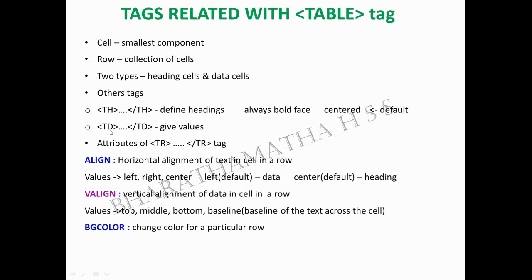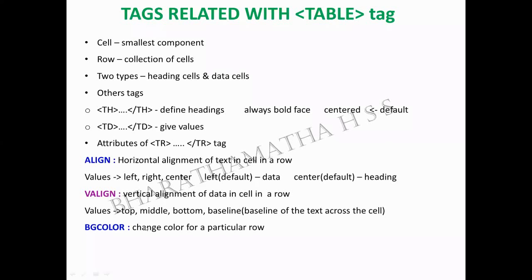Then the next is vertical alignment of data in a cell or in the cells of a row. That is, how the content should be aligned inside the table vertically. We have studied vertical space, p space, h space. Similarly, how it should be aligned within the border is known as your vertical alignment.